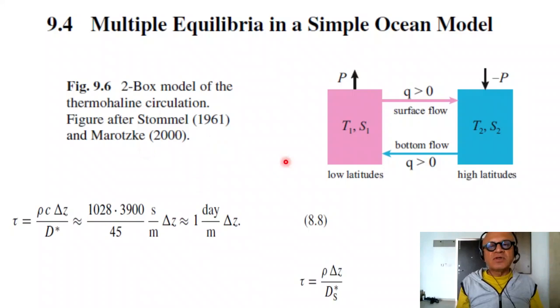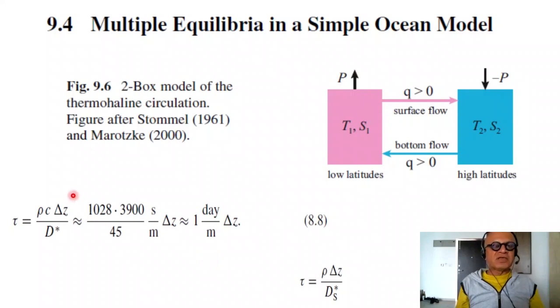Okay, so a two-box model is used to go back to the idea we discussed way back in chapter 8, where we said the relaxation timescales or the decay timescales for temperature perturbations and salinity perturbations are very different, and these can lead to multiple equilibria in the system, right?